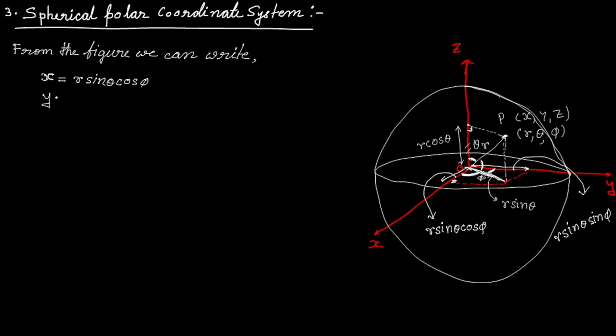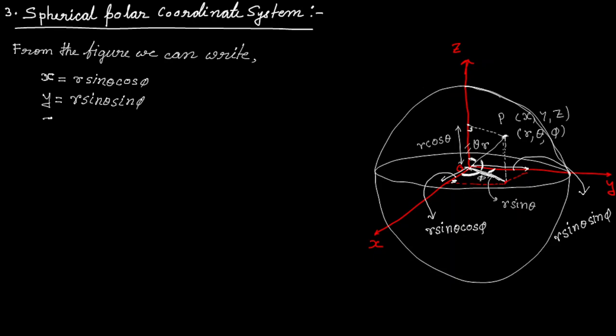Similarly, we can also write the value of y. What is y? y is the projection of R on the y-axis, and from the figure we have already written here, it will be R sin theta sin phi.